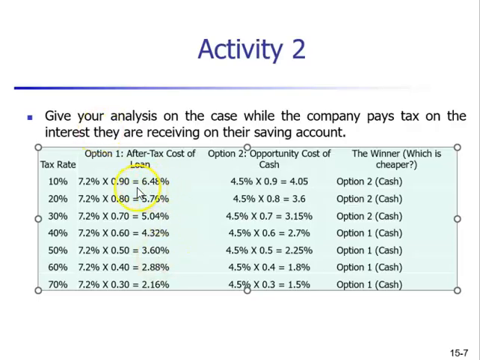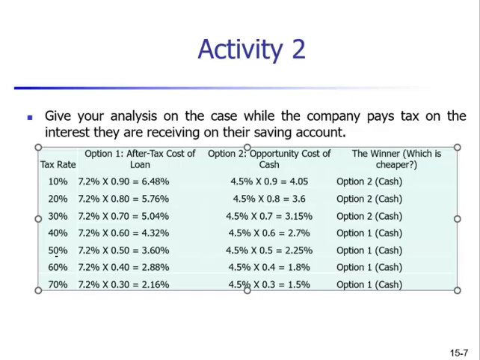So as you can see, the same tax rate that applies to your interest payments applies to the interest you are receiving. And as you can see, the cost of getting the loan, even after the tax shield, the tax reduction, is always higher than the opportunity cost of cash.